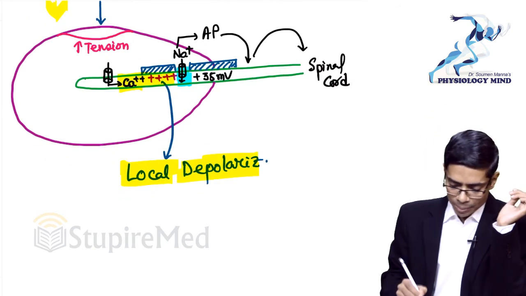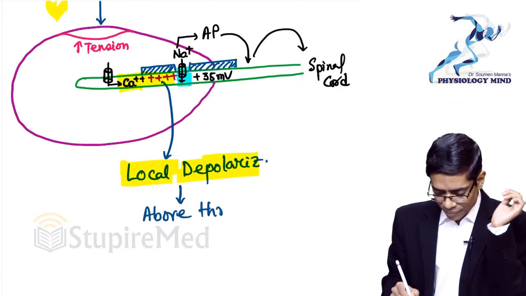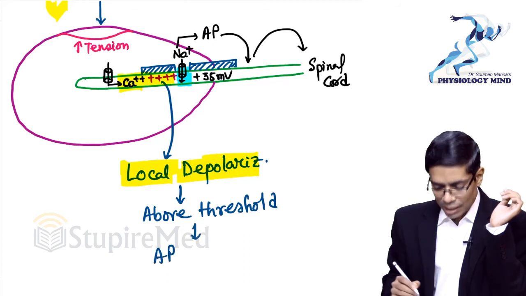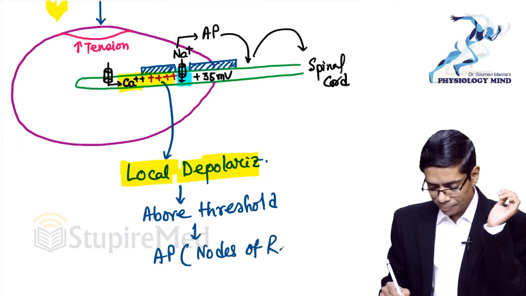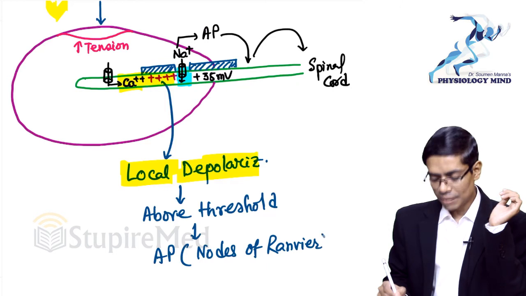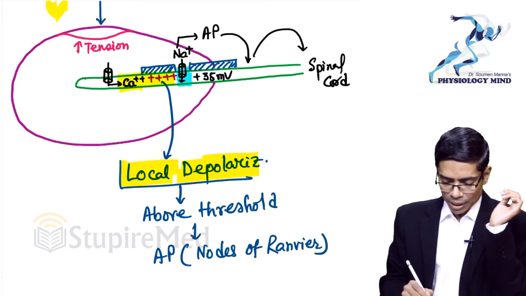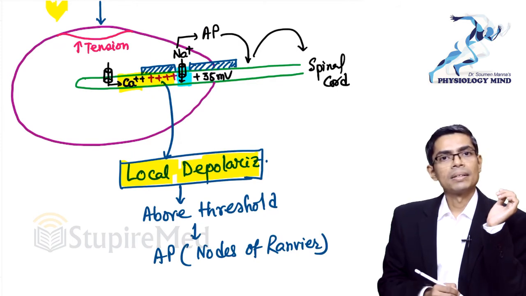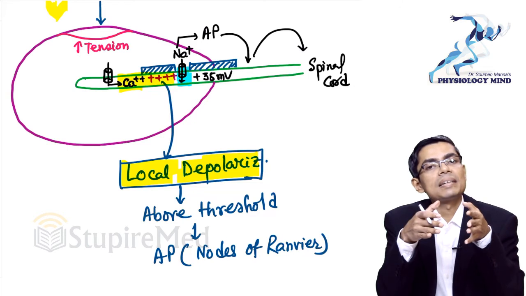If this local depolarization is above threshold, then action potential will be generated at the nodes of Ranvier, first node of Ranvier. So this local depolarization is occurring within the receptor only, it is occurring inside the receptor.